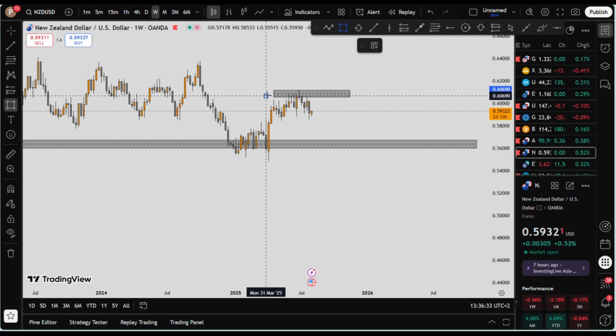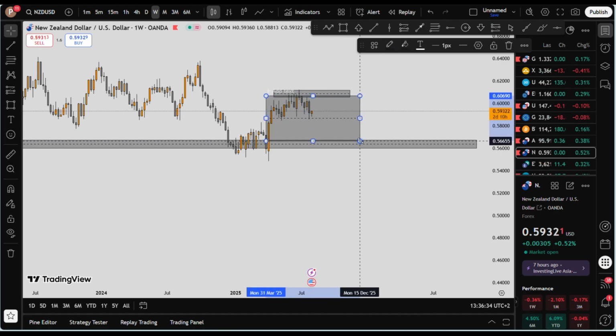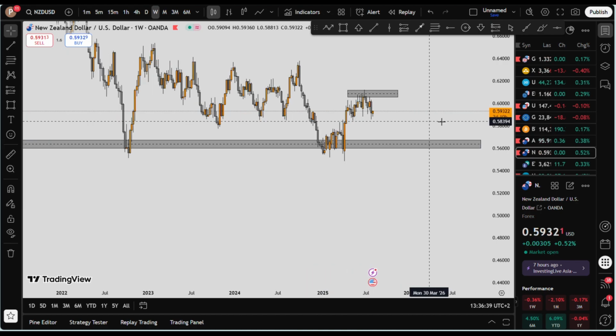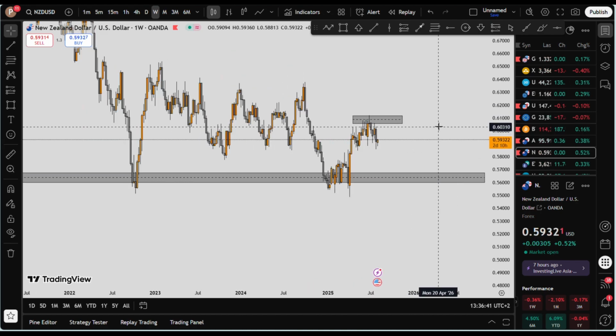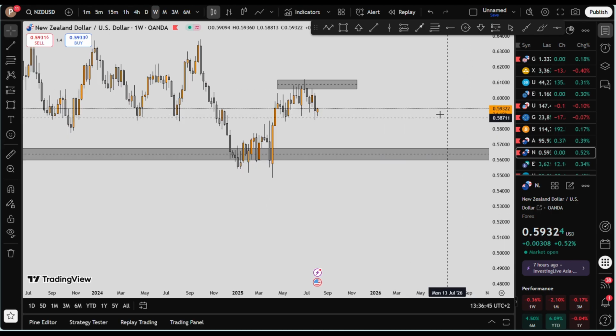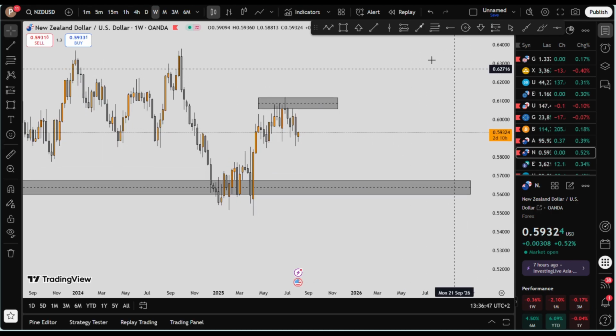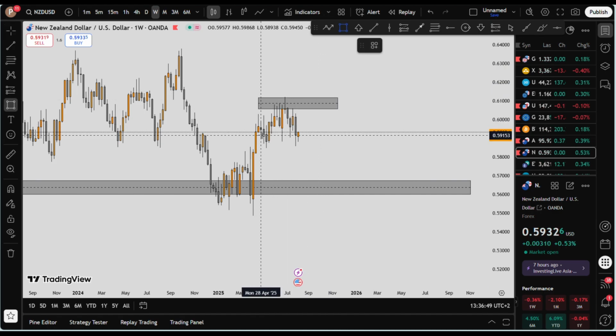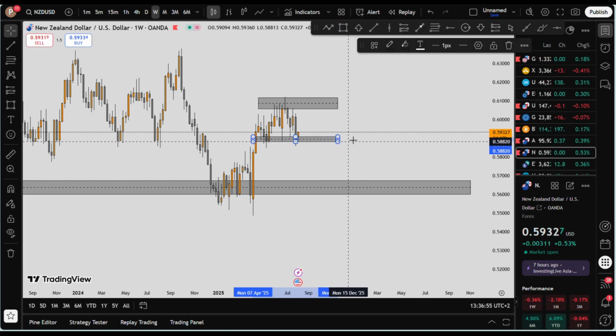So the market is currently here, between this space. That's where we should look, where it's important to find entries or identify key support structures and resistance structures. Here's another support structure that I see, and I will just mark it out like so.